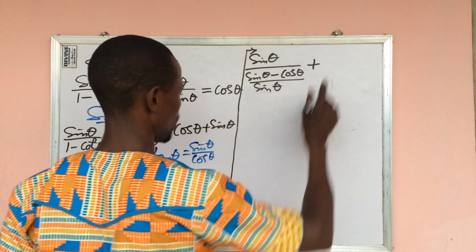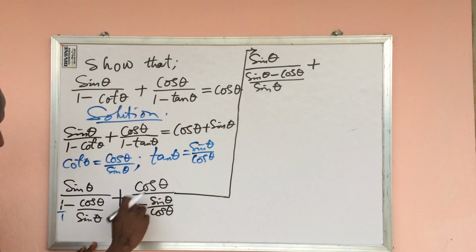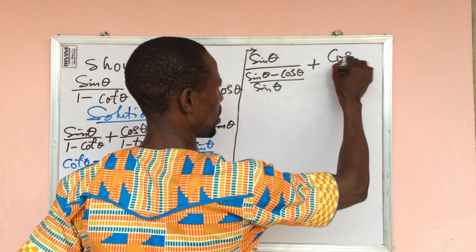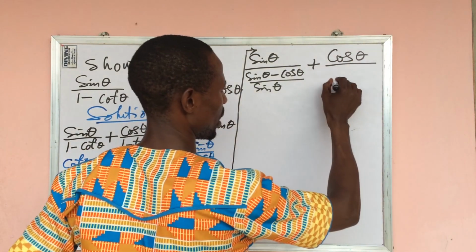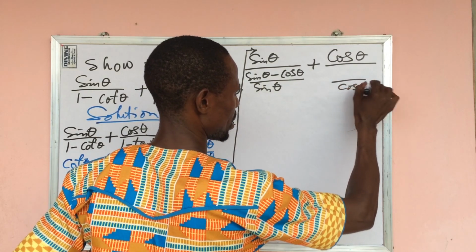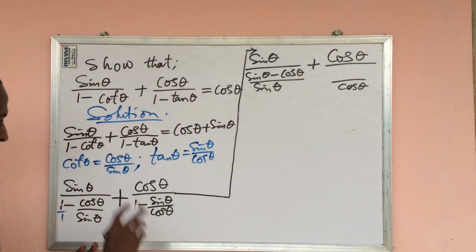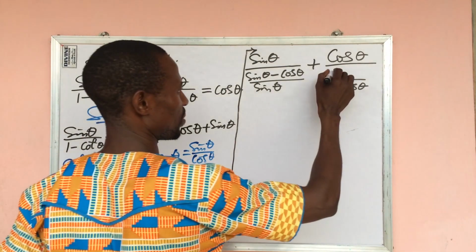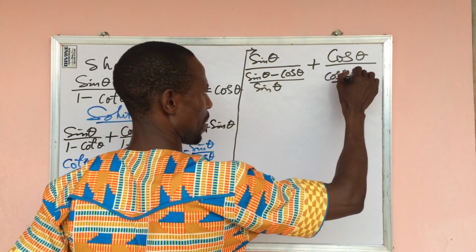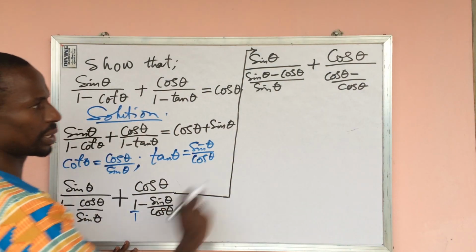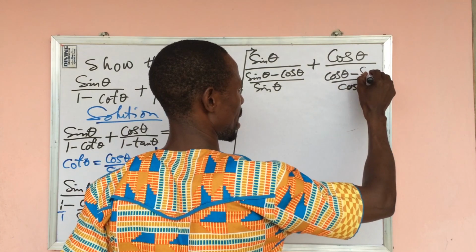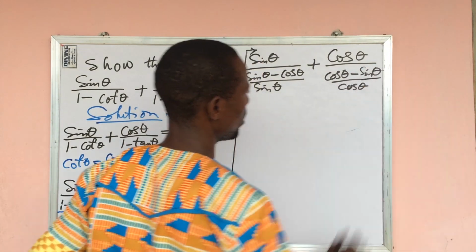Plus, I do the same thing to the denominator here. The LCM is going to be cos theta. So on top we have cos theta all over cos theta as the LCM. Then 1 times cos theta gives cos theta, minus sin theta over cos theta, cos theta into cos theta is 1, and 1 times sin theta gives sin theta.